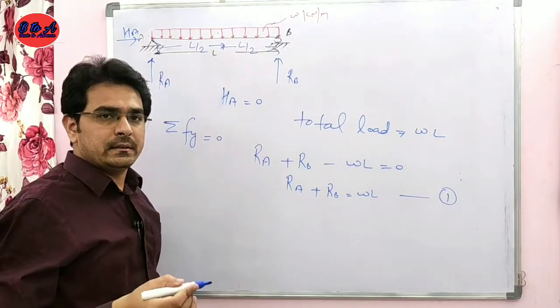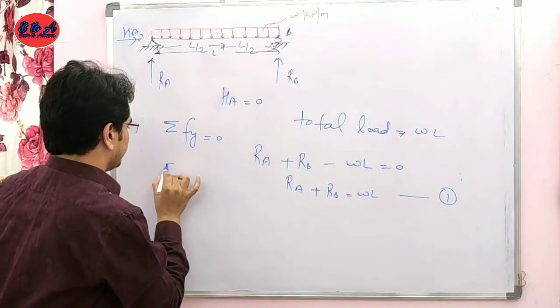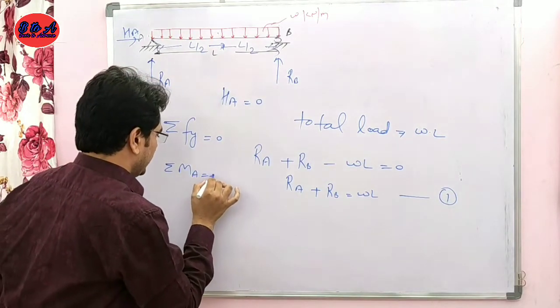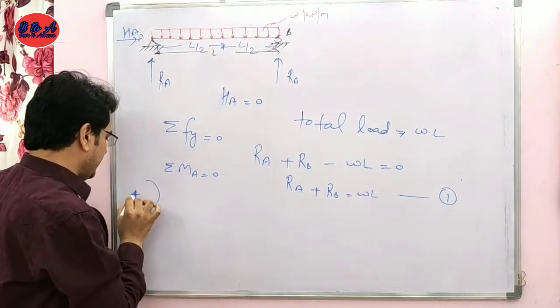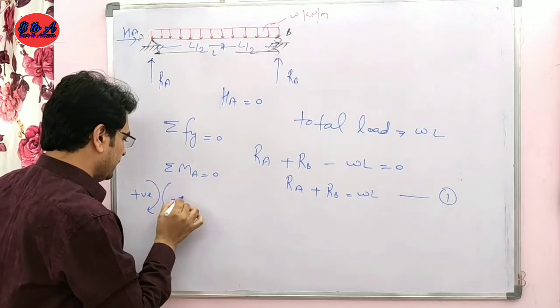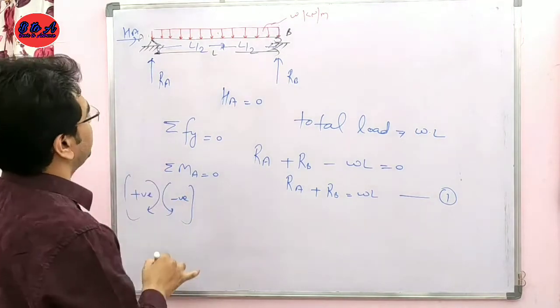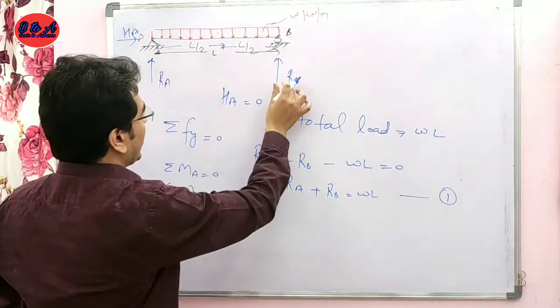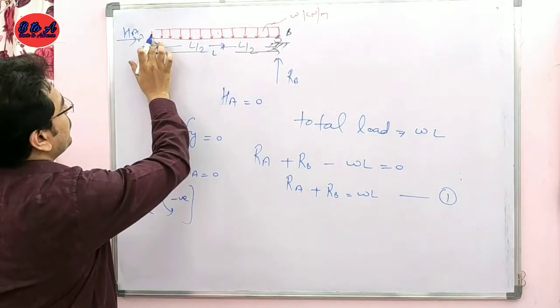Now I am using our next static equilibrium equation, that is the summation MA is equal to 0. That is the clockwise movement will be positive and the anti-clockwise movement will be negative. These are our sign convention. So because of this RB, I want to calculate the movement at this point.